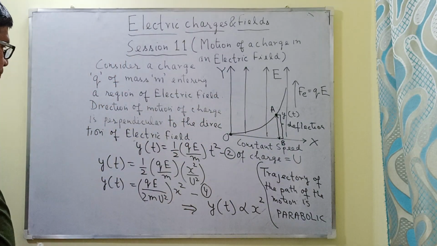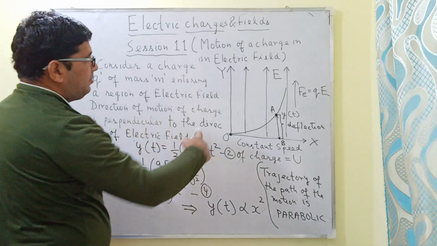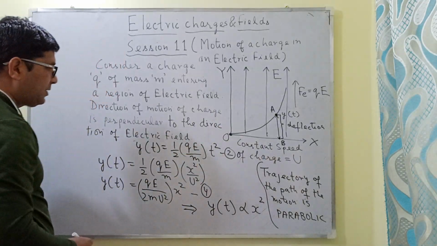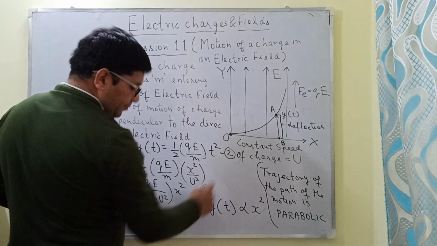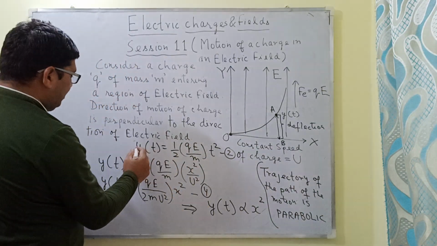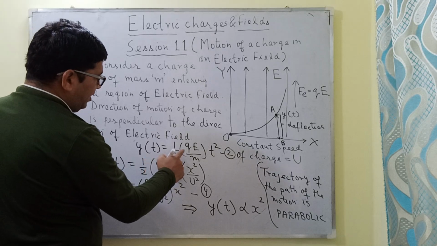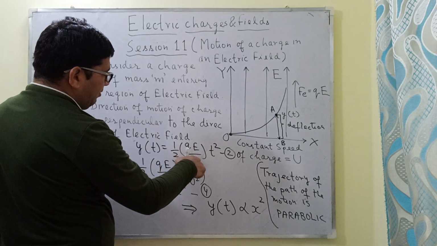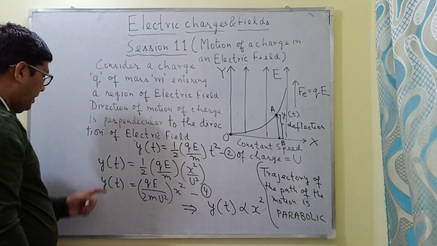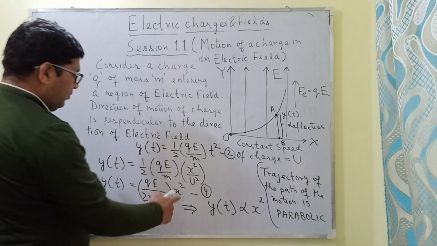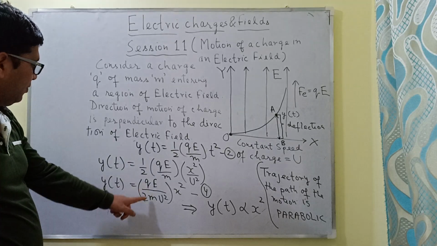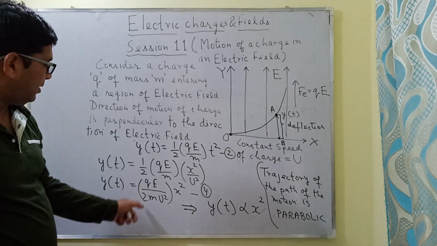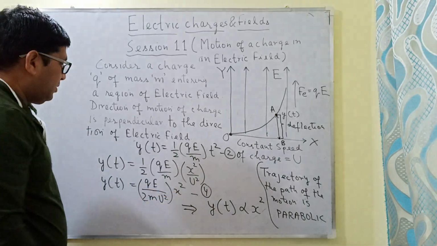So in this case we have got two important equations. First, yt is equal to half in bracket qe divided by m into t square, and the second important equation is that the displacement is equal to qe divided by 2m u square into x square.